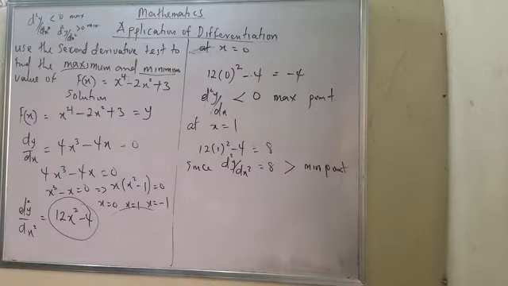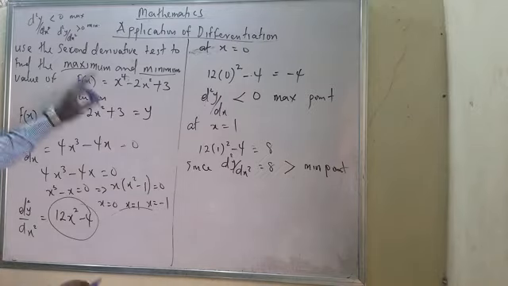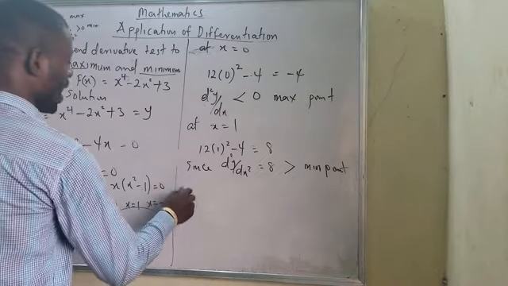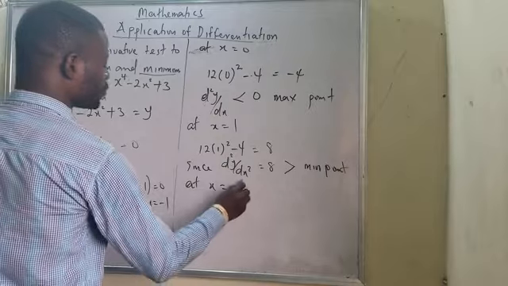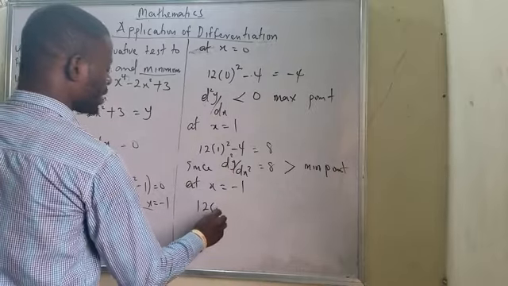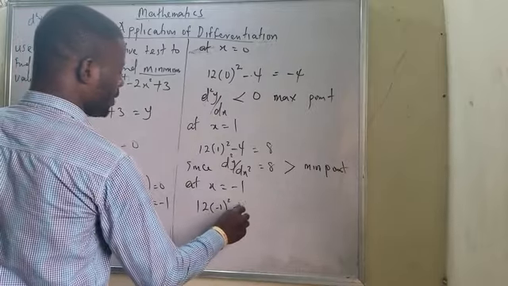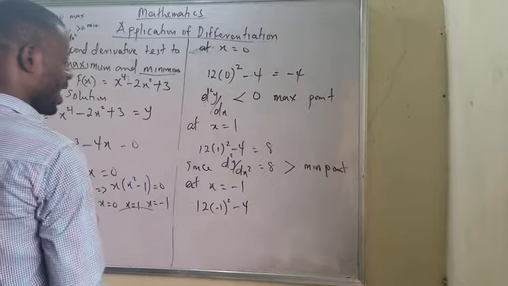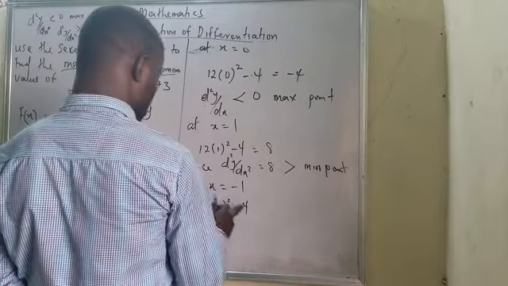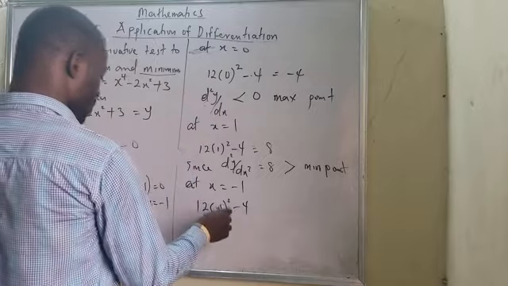Now the last one, at x equals minus 1, I have 12 times minus 1 squared minus 4, which is 8.